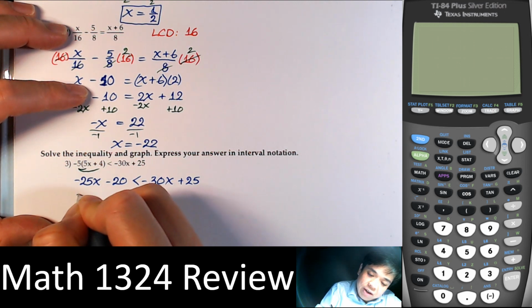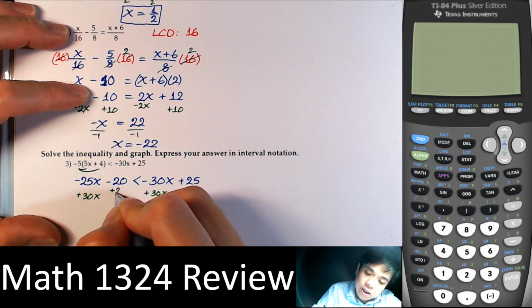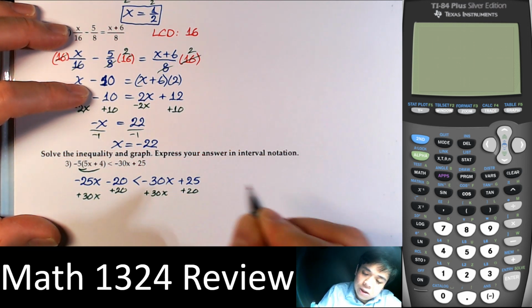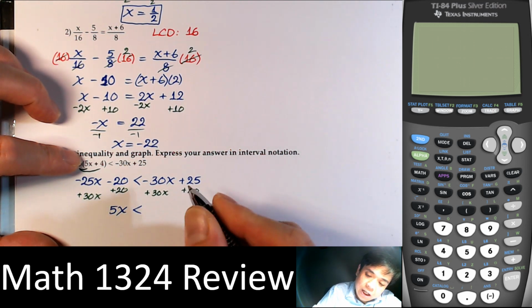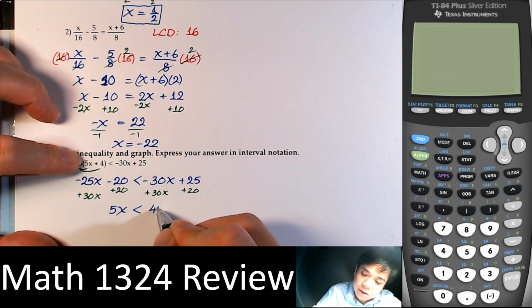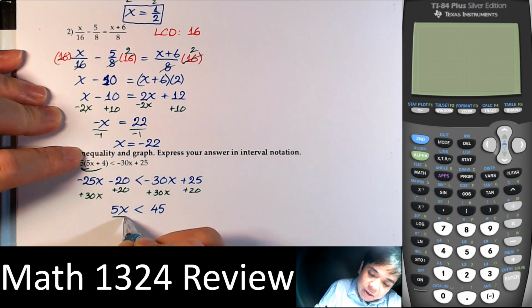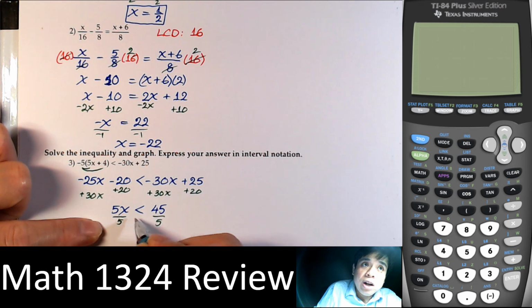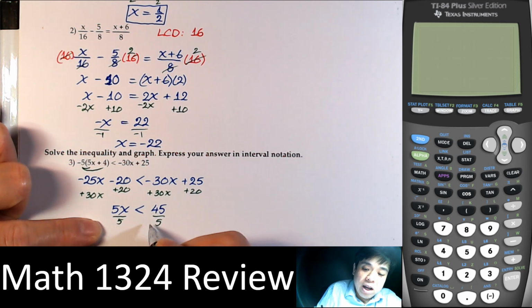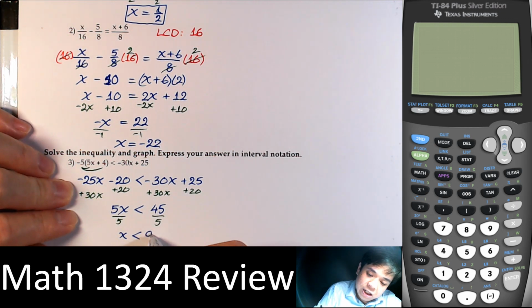Move all the x to the left hand side. That cancels out. And the 20. So that gives us 5x less than, that cancels out, 45. And then divide by 5. Since we divide by a positive number, the inequality will stay the same. If we divide by a negative number, this has to be reversed. So in that case we have x less than 9.